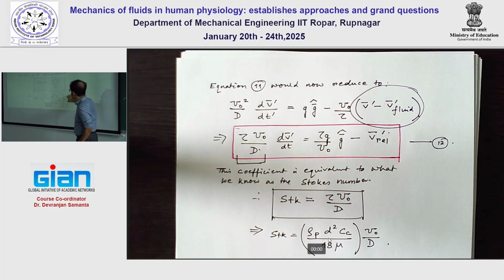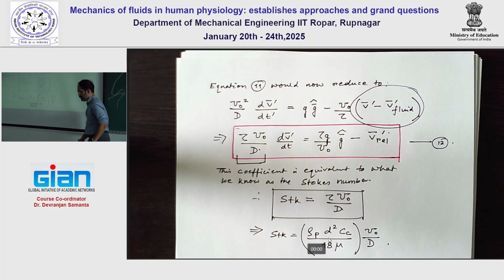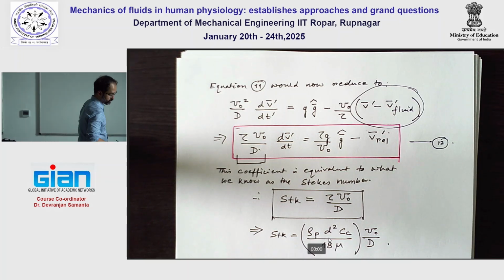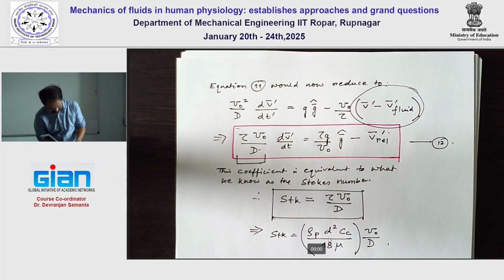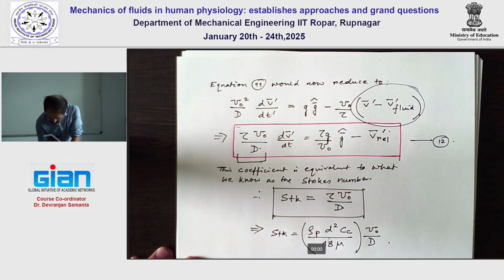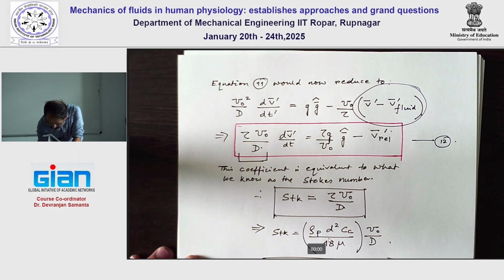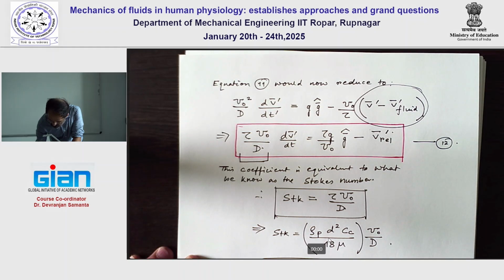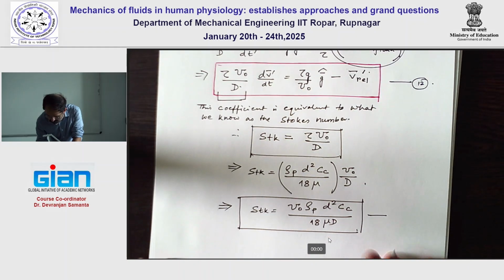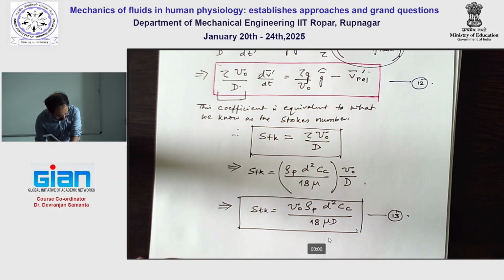So basically you can think of the Stokes number as the dimensionless version of the particle relaxation time as well. So STK is U naught rho p D squared Cc over 18 mu D. So let's call it equation 13.